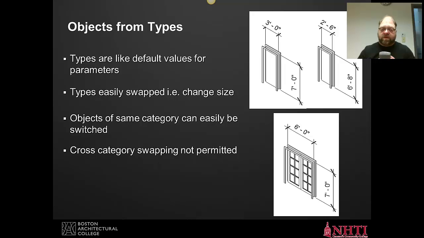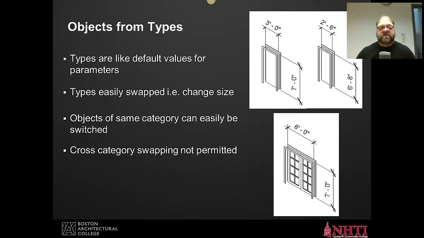So objects that we create are spawned, or we produce types of objects. So we have the family and then we have the type. If you think about types, I already talked about this a little bit with the doors, you can hold default values that are very common for this particular thing.